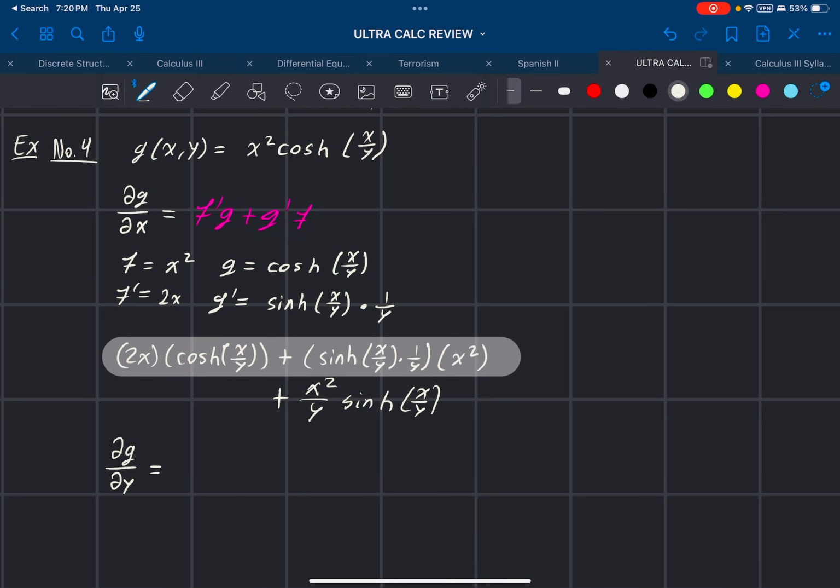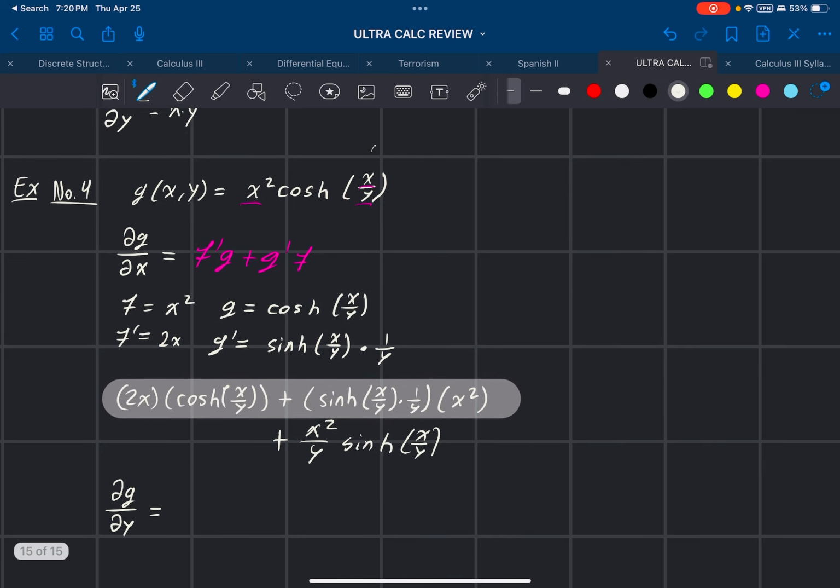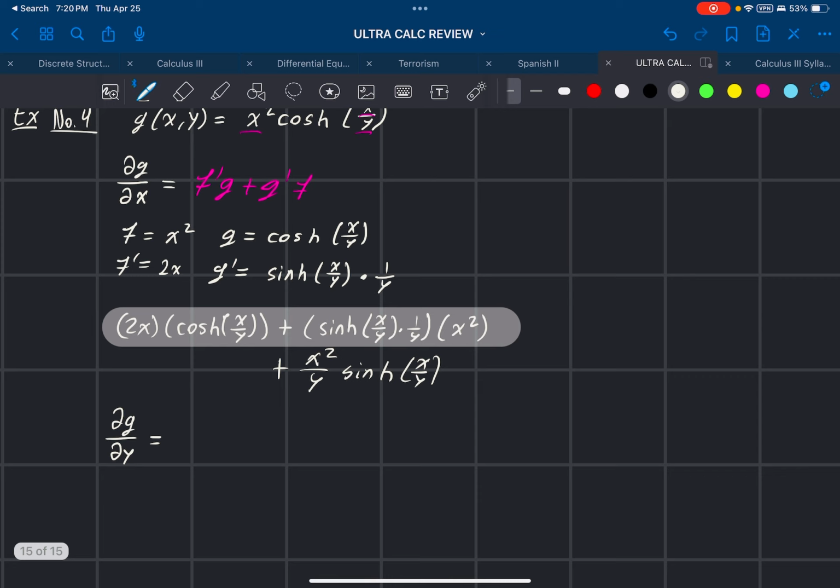Notice here that we don't need to do product rule anymore because the y is only present in one term. So when we do this one, we get x squared, that stays the same, and then the derivative of cosh is sinh, hyperbolic sine.